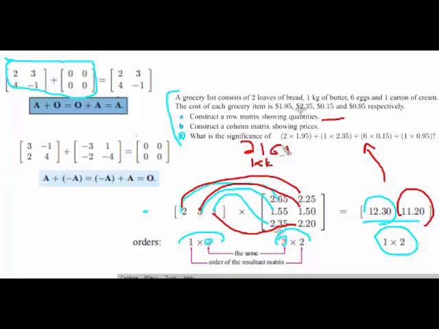The column matrix of these values here would have been 1.95, 2.35, 0.15 and 0.95, and that would have been a 4 by 1. So we have a 1 by 4 times a 4 by 1. Sorry, that's a very squished up 4, but they're the same. And we have a 1 by 1 answer, because it's a single numerical answer, which is the bill for those groceries. Okay, so more about that in the next video.